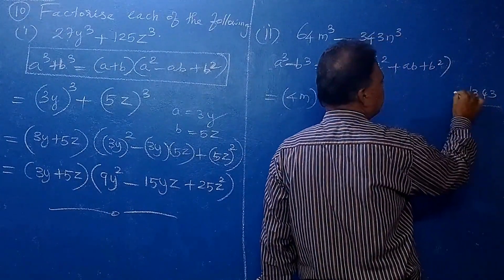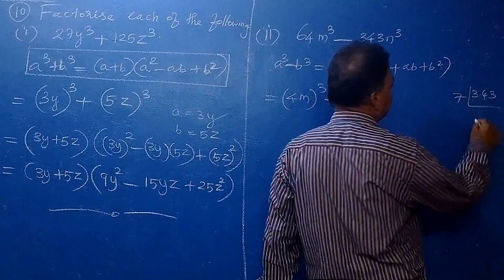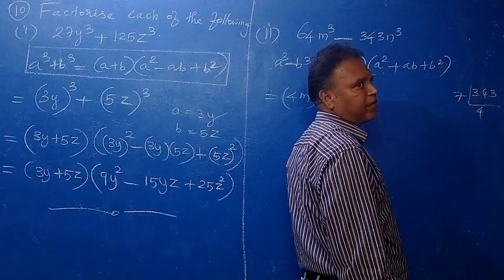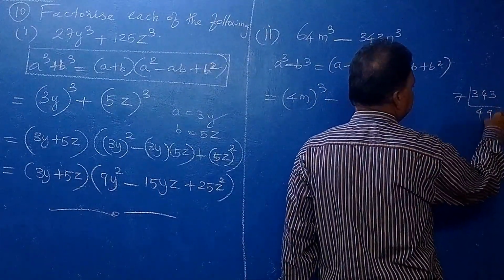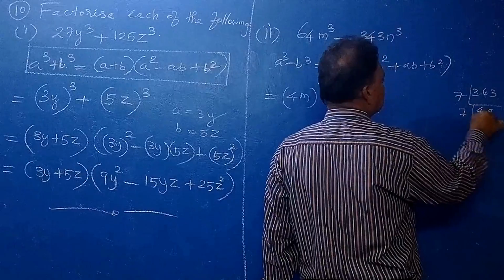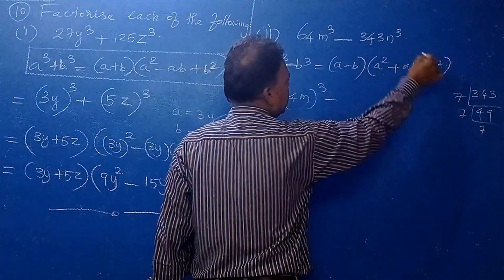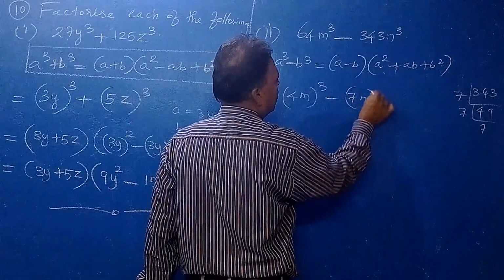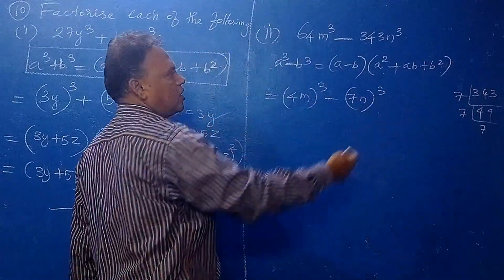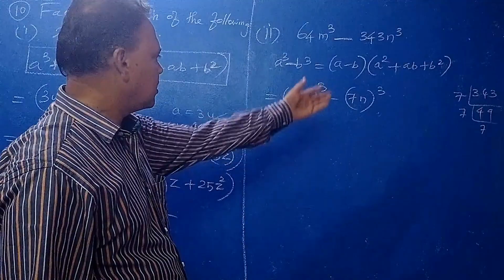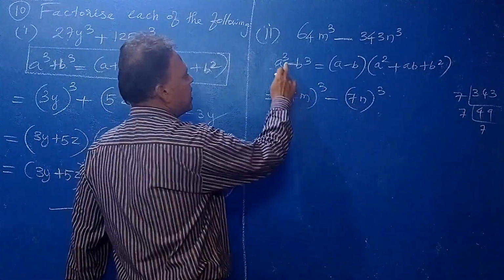In the 7 table, how many times will it go? 4 times. What's the remainder? 6, 63, 9 times will go. So again 7. So 7 into 7 into 7, 7 cube. So this 343n cube can be written as 7n whole cube. In the same way, 64 also you can factor and see. So this is a cube minus b cube form.